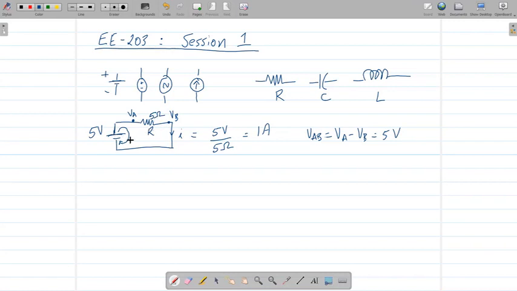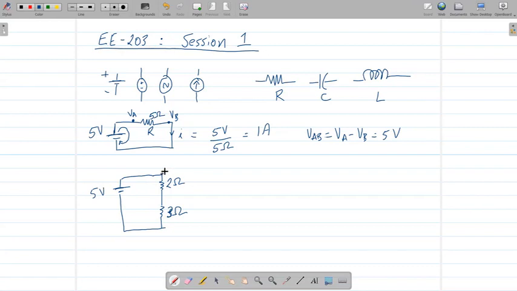Now in the same circuit, supposing I were to take the 5 volt battery and then have 2 resistors. It's the same one as before, I'll now just split it into 2 ohms and 3 ohms, and this is still my 5 volt battery. Then what you can expect is that the voltage will drop in proportion to the size of the resistors. So there will be a 2 volt drop across the 2 ohm resistor.